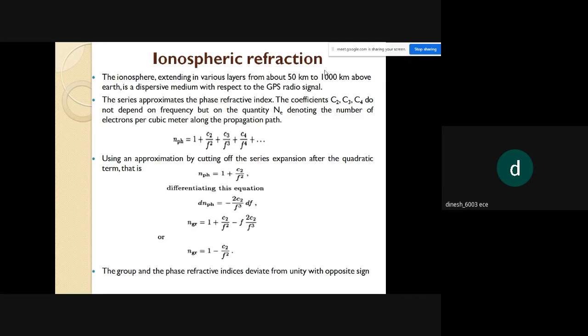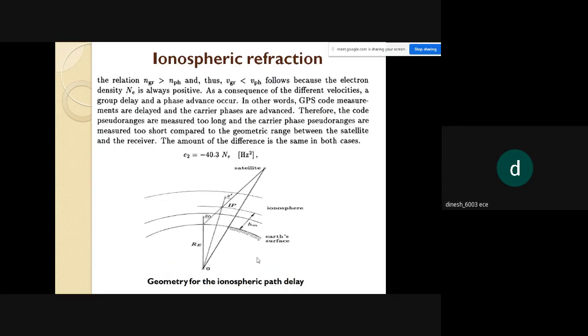Or in other words, after simplification, we can write the group refractive index n_gr equal to 1 minus c2 by f square. The group and the phase refractive indexes deviate from unity with opposite sign. So the relations are this.